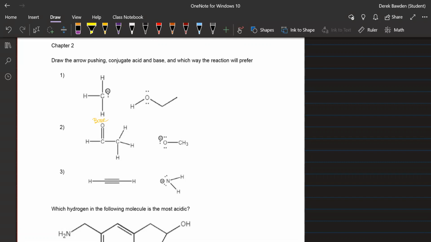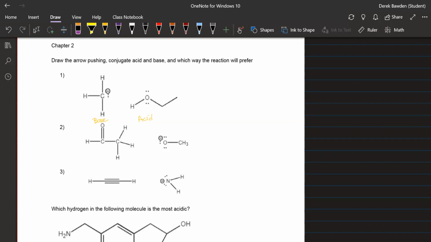That'll tell you it's a base for sure. Okay, so that's going to be our base. This is our acid. We know this is an acid because it has a proton to give, okay? Oxygen is okay holding a negative charge if that proton was to be taken. Okay? So we know that this is going to be a better acid because it's better at holding that negative charge.